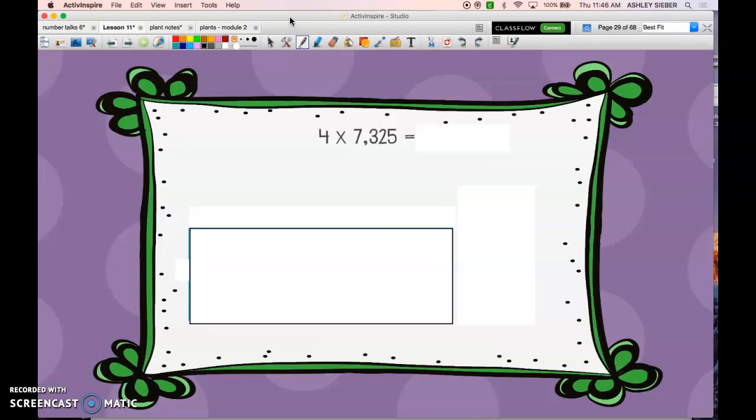So at this point, I want you to pause the video and solve 4 times 7,325. When you're ready to check your work, unpause the video and I will reveal all the parts of the answer. Remember, we're solving these with an area model, so all of your work needs to have an area model. Go ahead and pause the video, show your work on your whiteboard, unpause the video to check your answer.